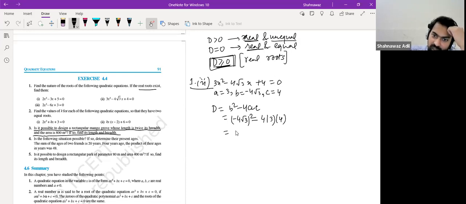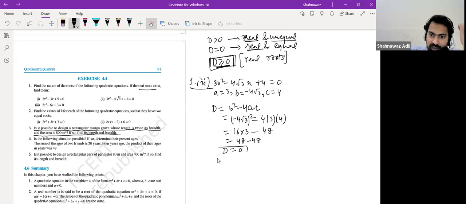4 square is 16, right? Root 3 square is 3. So this is 48, right? So 48 minus 48 is 0, right?